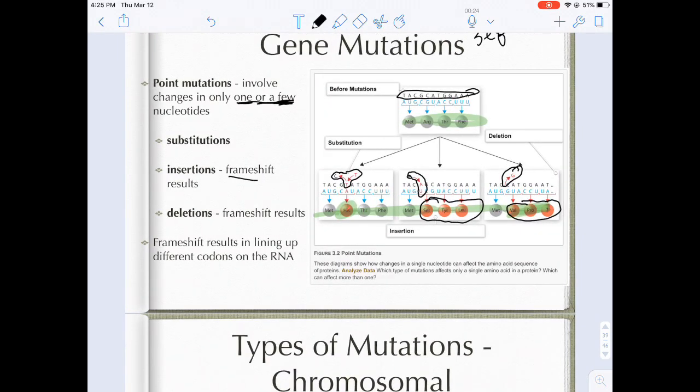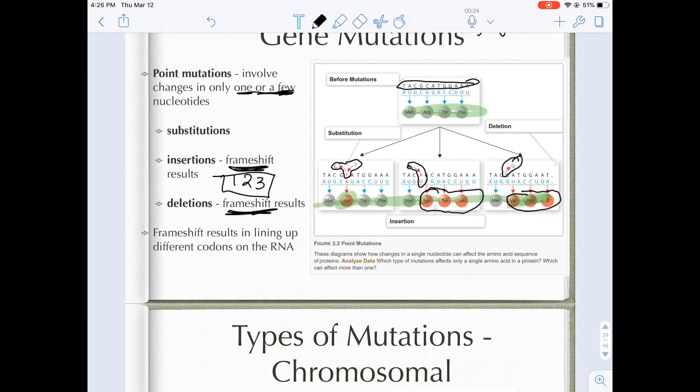Okay, so when you see this idea of a frame shift, what that means is that the frame that reads the 1, 2, 3 bases in a codon is now off. And from that point on in the gene, it will be off. So these ones are going to result in bigger changes.